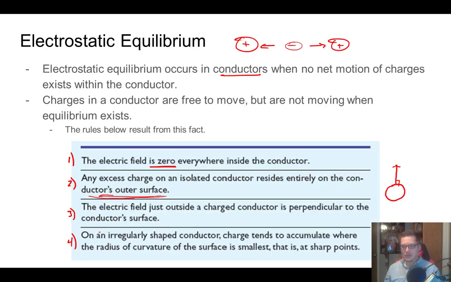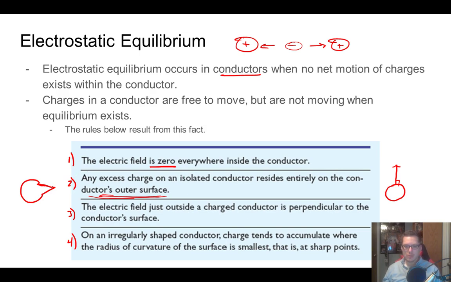And then finally, on an irregularly shaped conductor, charge tends to accumulate where the radius of curvature of the object is smallest, or at sharp points. So say you've got, instead of a perfect metal sphere, something that looks like this, and then it's got a peak right there. Really this is just an application of the 3rd rule, that the electric field at the conductor is always perpendicular.